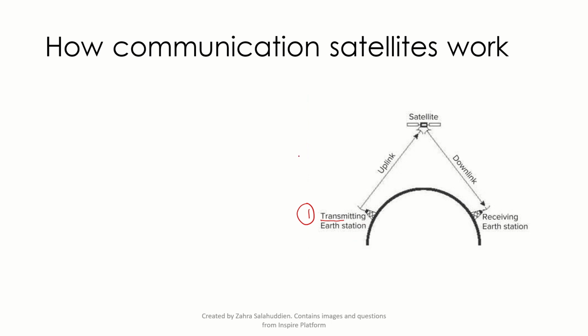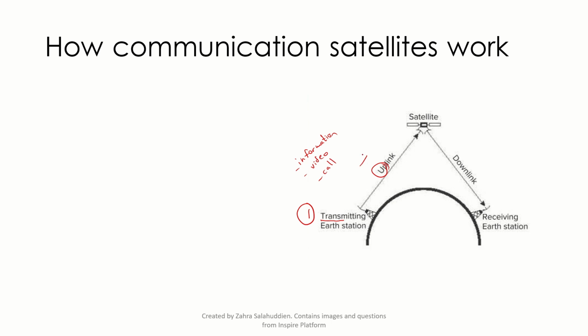We can send all types of things. We could send information like files. We can send videos. We can call someone. So all of these things, when we want to use the internet, stuff like that, we transmit it using the transmitting station. It then goes up.